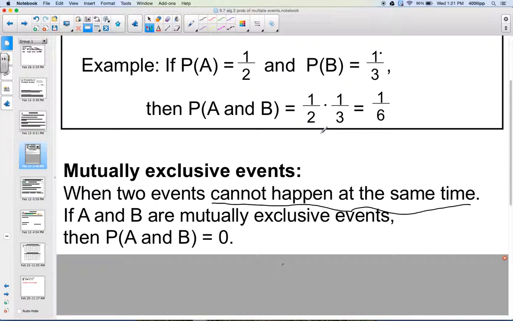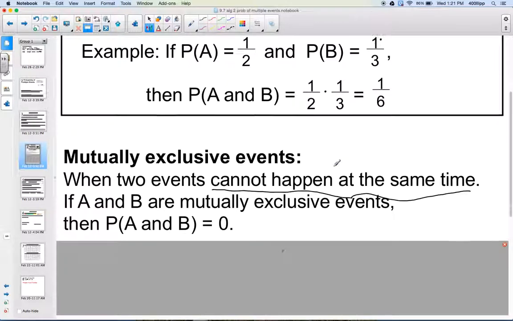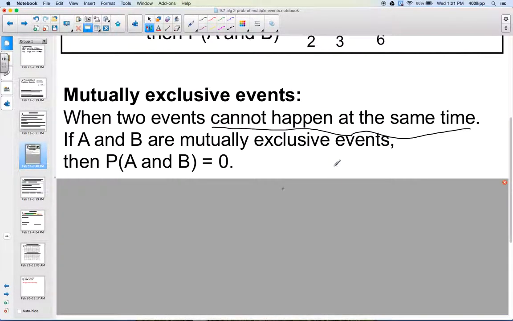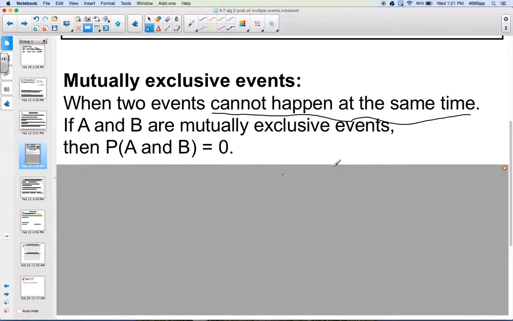For example, if I take a number cube and I am looking at the probability of an even, or the probability of an odd, then they cannot happen at the same time and they are therefore mutually exclusive events. So if they're mutually exclusive events and they cannot happen at the same time, that means the probability of A and B is always equal to 0.